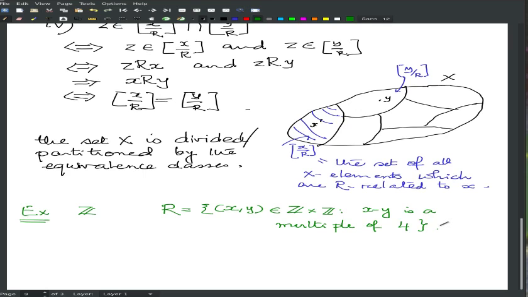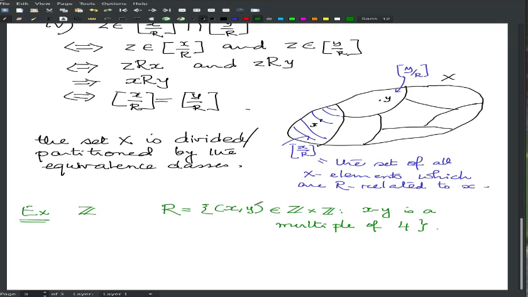Obviously, if x minus x is a multiple of 4, that's true. So it's reflexive. If x minus y is a multiple of 4, then y minus x is a multiple of 4, so it's symmetric. If x minus y is a multiple of 4 and y minus z is a multiple of 4, if you add two multiples of 4, you get x minus z, which is also a multiple of 4. So it's transitive. So it's immediate. It's an equivalence relation.